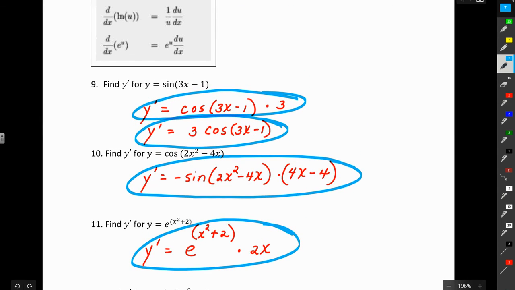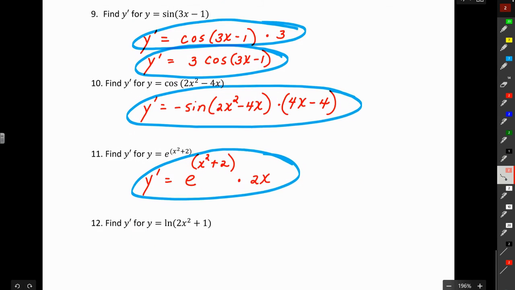Going back up to our rules here, we have the derivative of ln of u. In other words, if a value inside here has its own derivative, we have to remember to multiply by that after we take the derivative of ln of u. So it's the outside function, ln of u, the derivative of that is 1 over u, times the derivative of the inside, which is du dx. I'll show you what I mean.